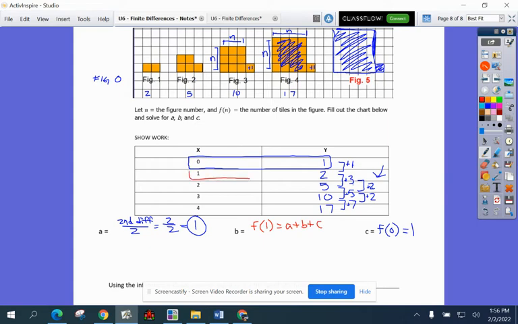F of 1 is 2 equals A is 1 plus B, we don't know, and C is also 1. So this is 2 equals 1 plus 1 is 2 plus B. We subtract 2. And so we have 0 equals B. So B equals 0. There we go.